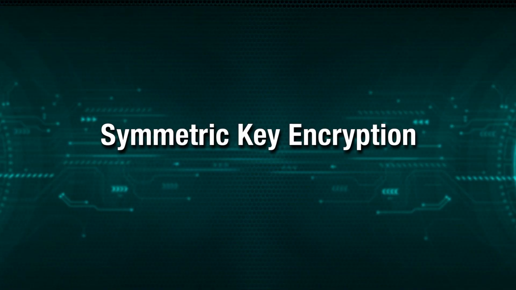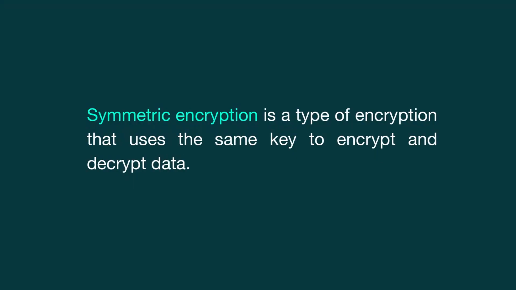Symmetric key encryption. You may not be aware that symmetric encryption is in use just about everywhere you look. It's part of secure online banking to online purchase and delivery. As we have seen earlier, symmetric encryption is a type of encryption that uses the same key to encrypt and decrypt data.